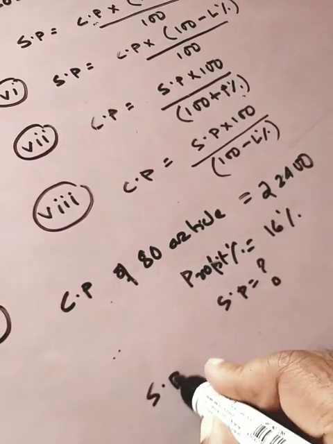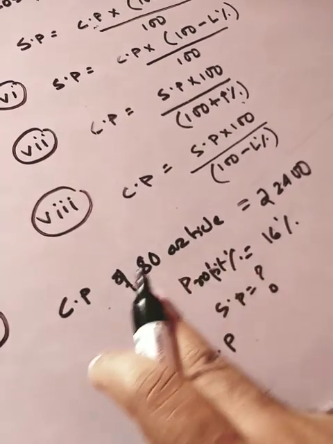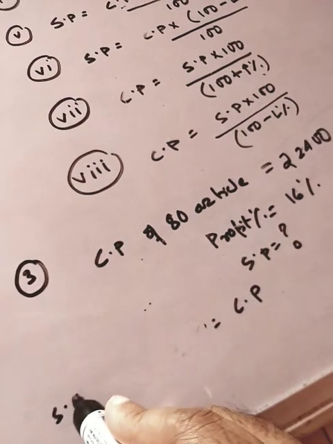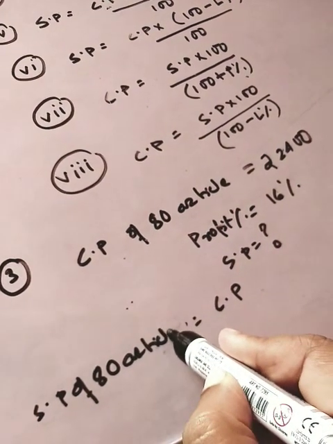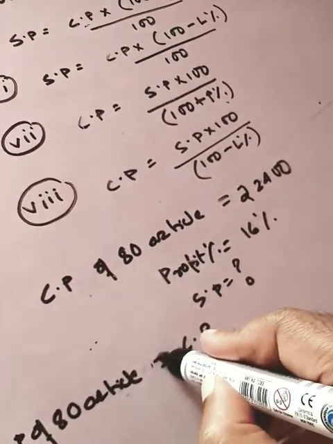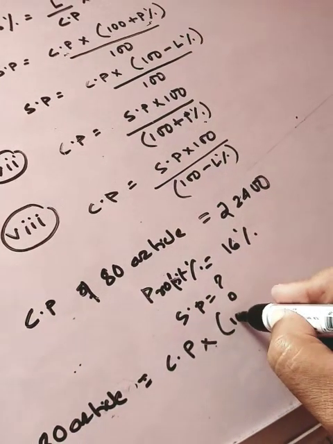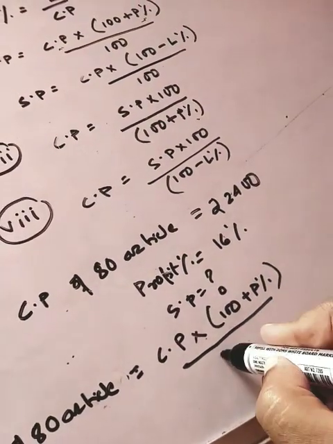That is, SP is equal to CP. Now this is SP of how many articles? Because CP of 80 articles is this, this would be SP of 80 articles. What is the formula? CP into (100 plus profit percent) upon 100.